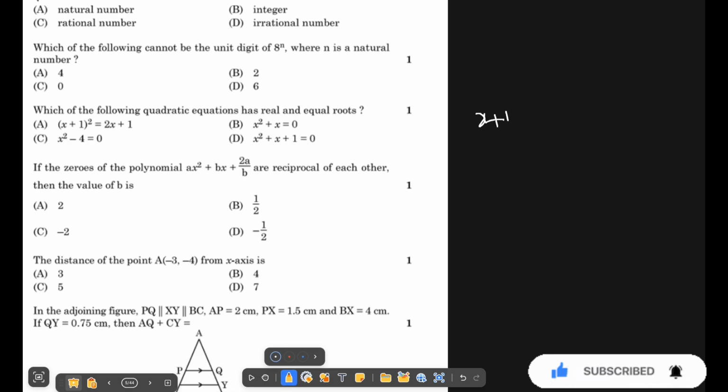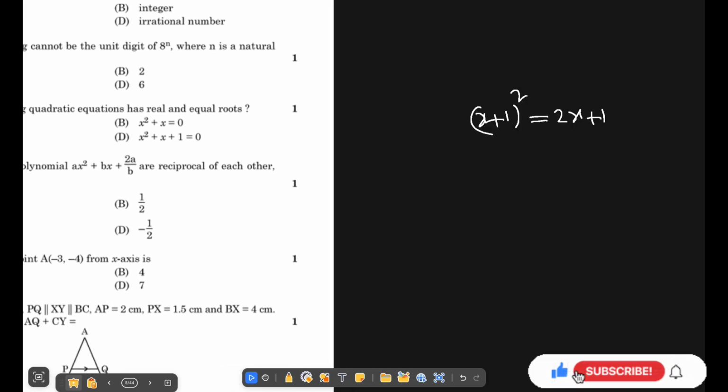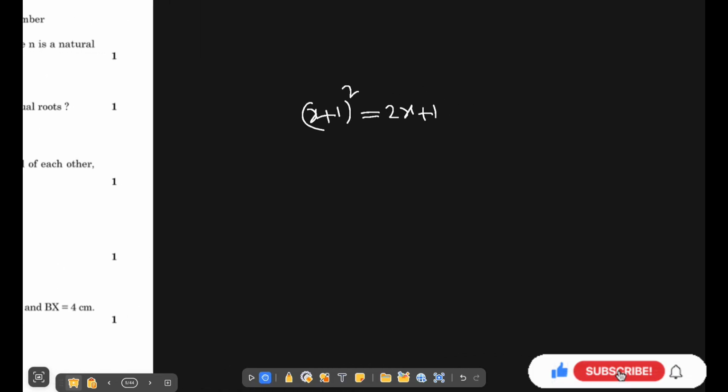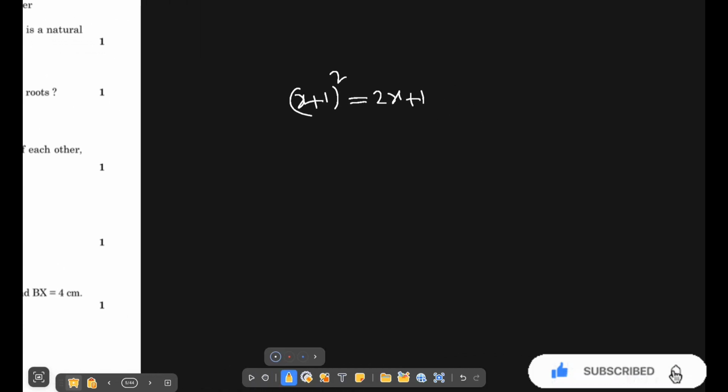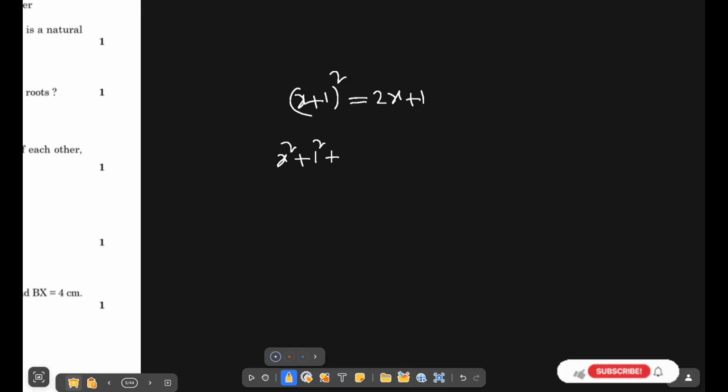x plus 1 whole square is equal to 2x plus 1. Let's expand it with the a plus b whole square formula: a square plus b square plus 2ab.